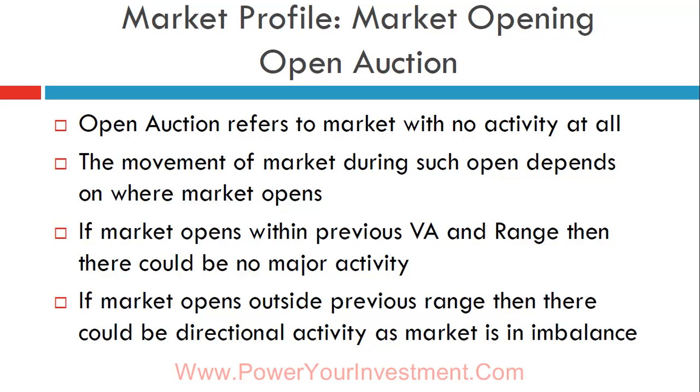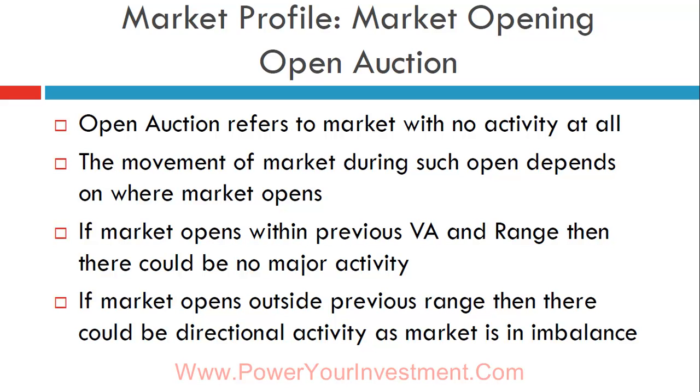Alright, so now coming back to linking this with your technical system, how would you do it? Let's say we are in a bull market and volatility is reasonably low, you get a breakout. You've got to see where your previous profile, the value area and the range is, and where your current profile opening is.